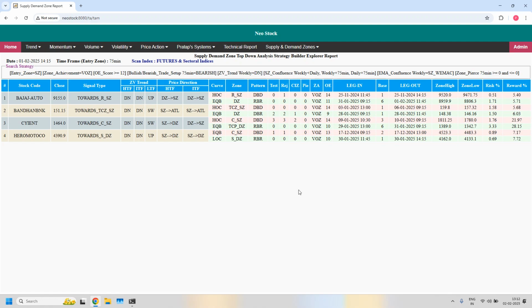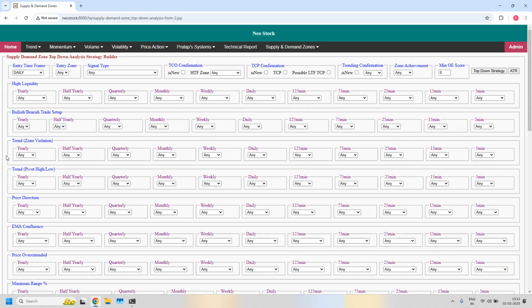Next, we will generate bullish and bearish trade setups for daily income trade. For daily income trade, bullish trade setup, the entry time frame is 15 minutes. Entry zone is a demand zone. In bullish or bearish trade setup at entry time frame 15 minutes, I am selecting bullish.